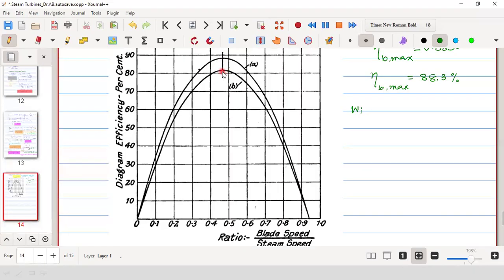But still, with friction or without friction, if I consider a constant friction, the optimum speed ratio is the same for both. But the maximum efficiency is different, definitely, because there is a role of K.